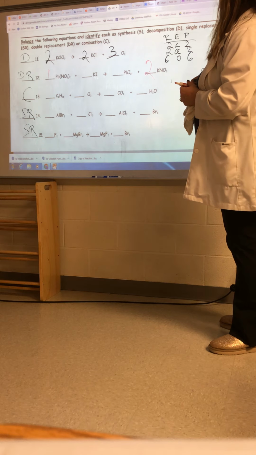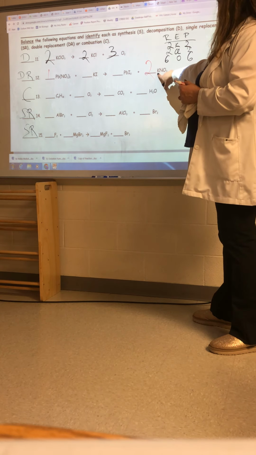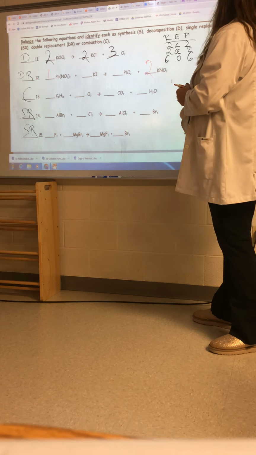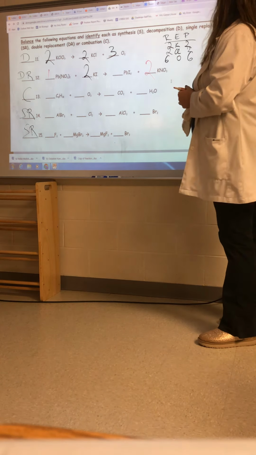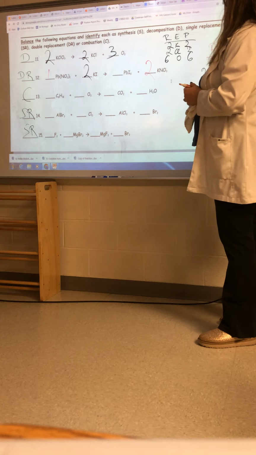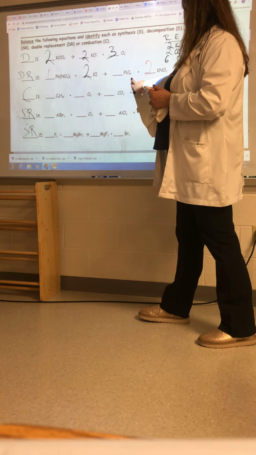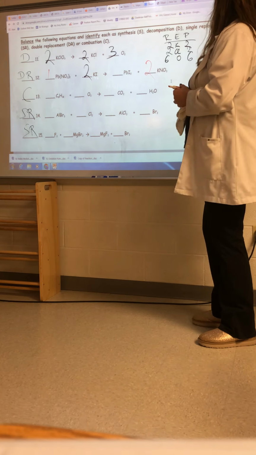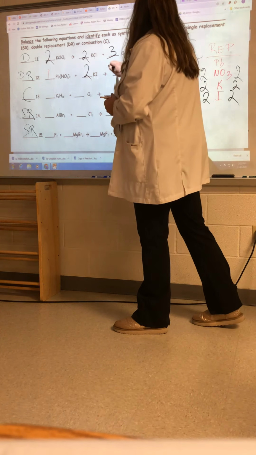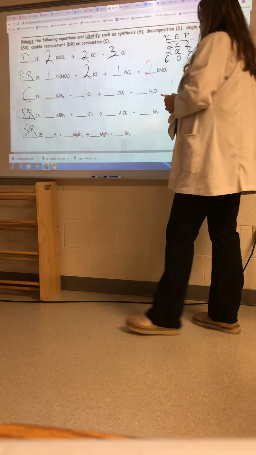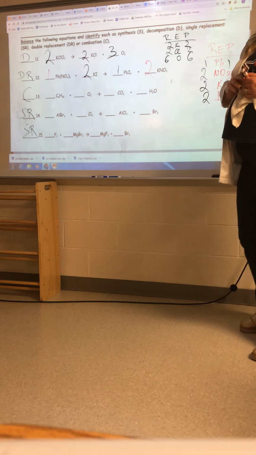Then, let's see what else I have. I have 2 potassiums here, so therefore I will also have 2 potassiums here. I have 2 iodines here and 2 iodines here, so my iodine is already balanced. And I have 1 lead here and 1 lead here, so this is balanced, and now your equation is balanced.